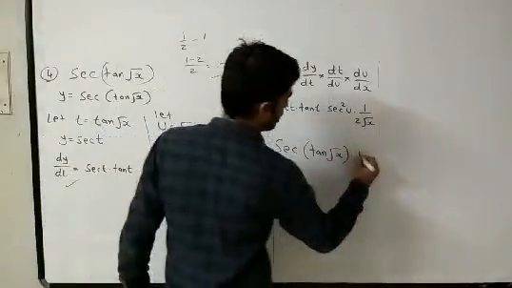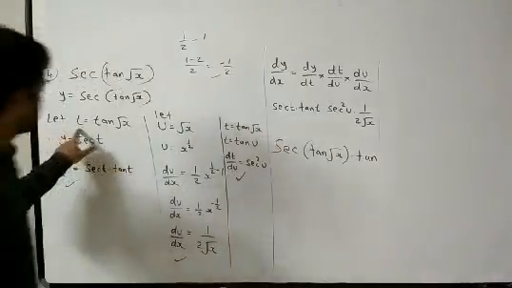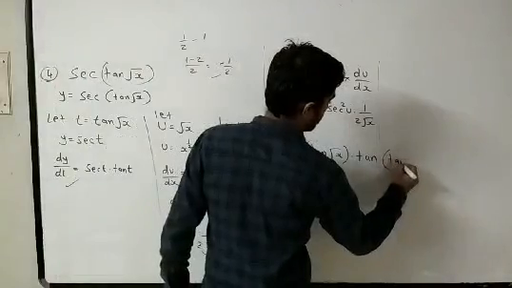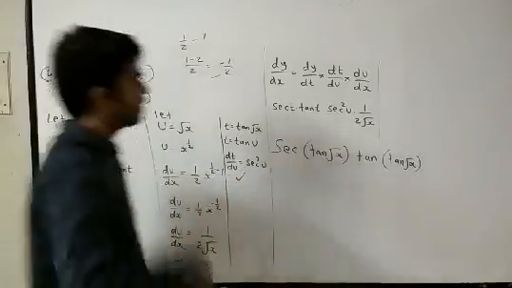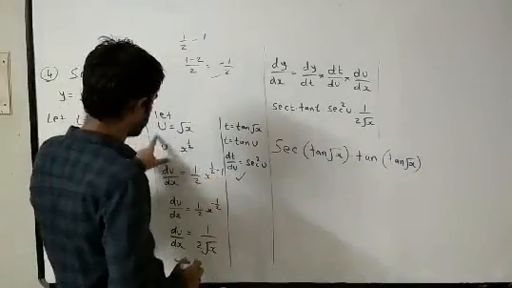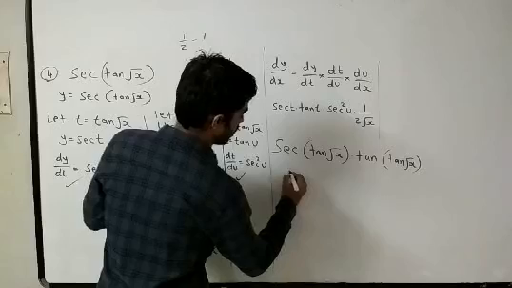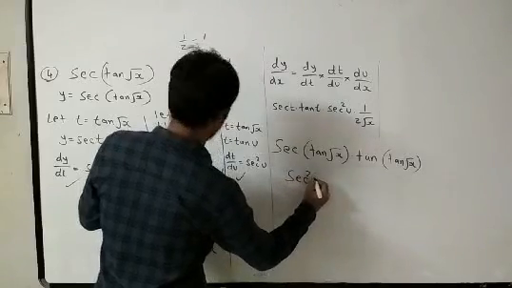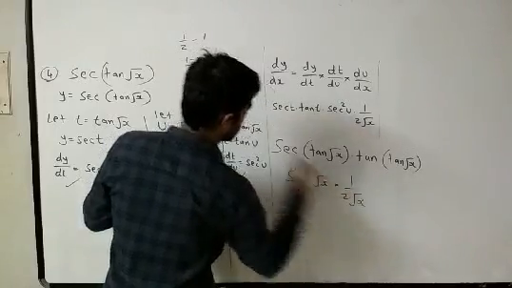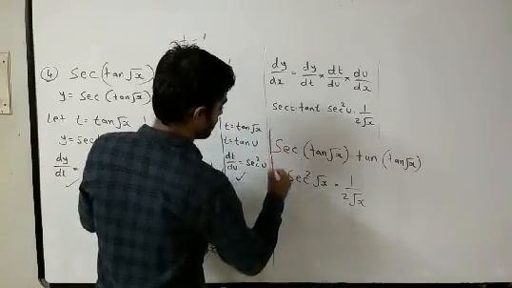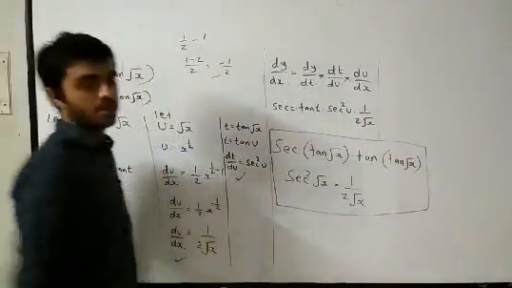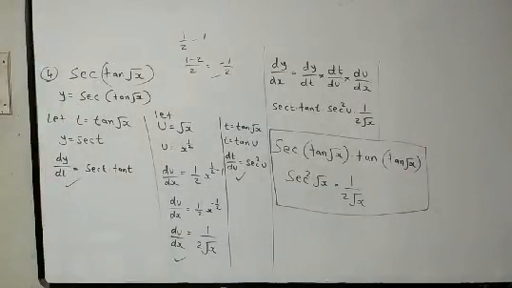Tan t, the t value is the same, tan root x. Now sec square u: u we have, that is root x. So sec square root x into 1 by 2 root x. So here your answer will be completed.